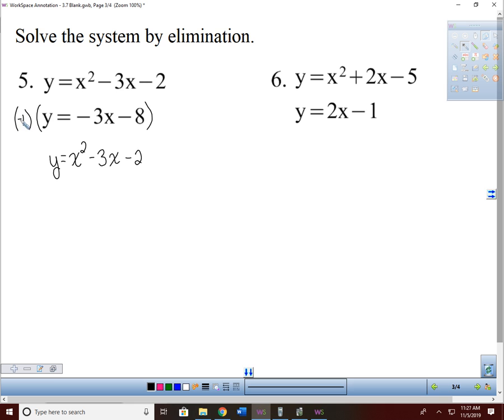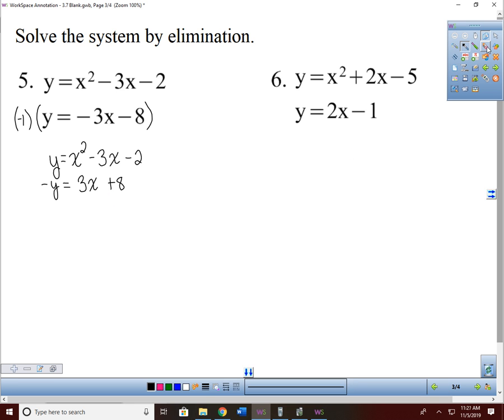All right, and then I'm going to multiply a negative times all of this. So negative 1 times y is negative y. Negative 1 times negative 3x is positive 3x. And negative 1 times negative 8 is positive 8. Now, I kind of want things to line up. So if you look at this, this is lined up. X squared, I don't have an x squared.